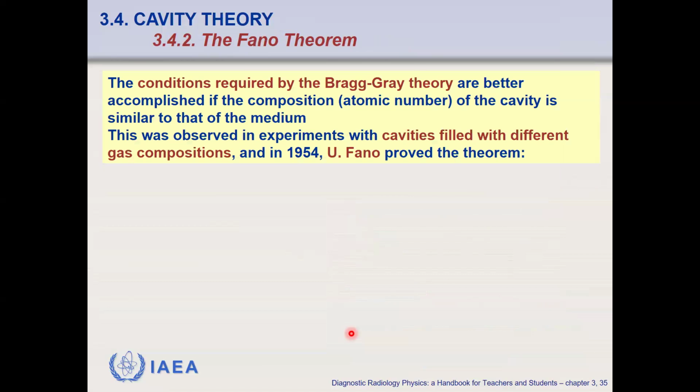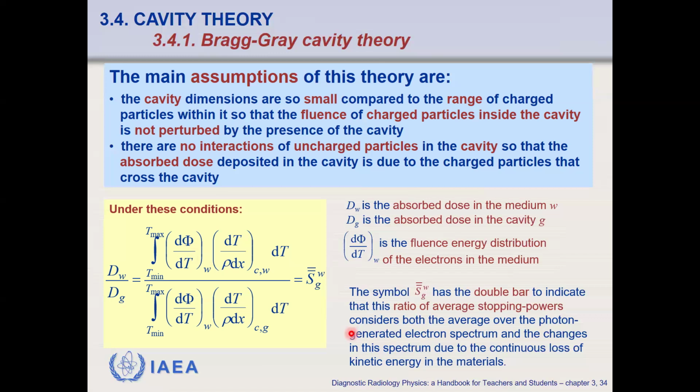Now, another cavity theory. So this is for the Bragg-Gray cavity theory. This topic is linked to different assumptions, meaning different assumptions that we have to take into consideration. Among them, we have a small cavity with small size, and also the dose in the cavity is due to charged particles only.